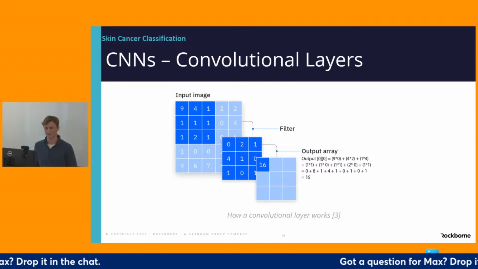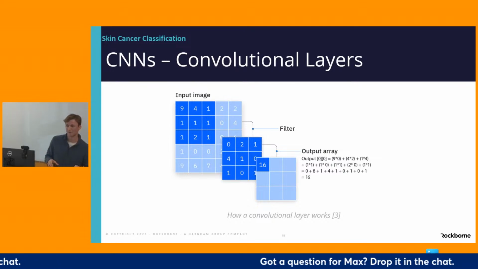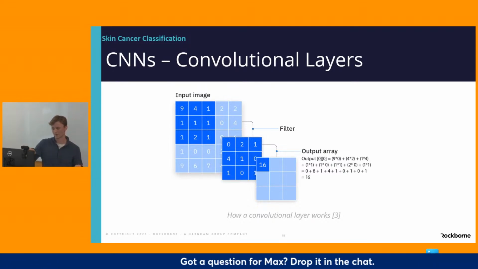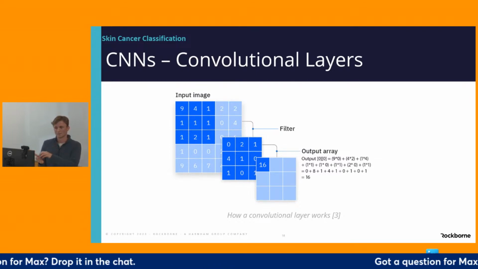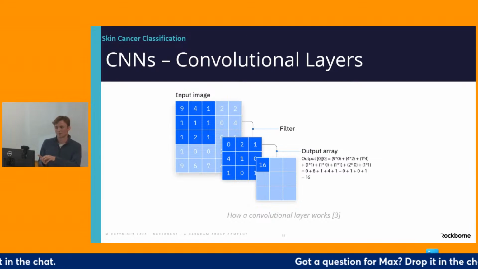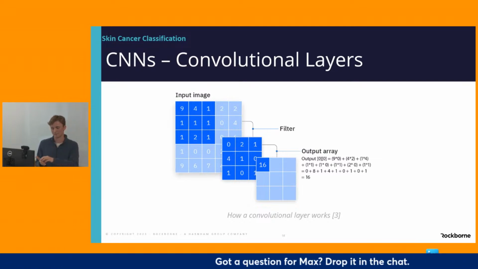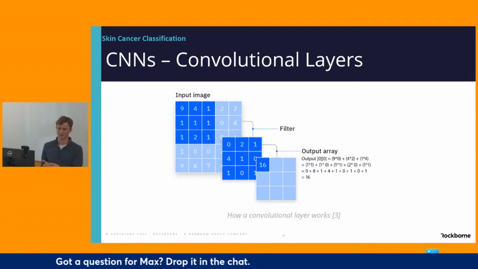The convolution layers. So this is where we have a filter. This is the 3 by 3 array in the middle here, the 0, 2, 1, 4, 0, 1. And we're essentially stamping it on top of the input image, moving through the image and seeing how similar the input image is to the filter.